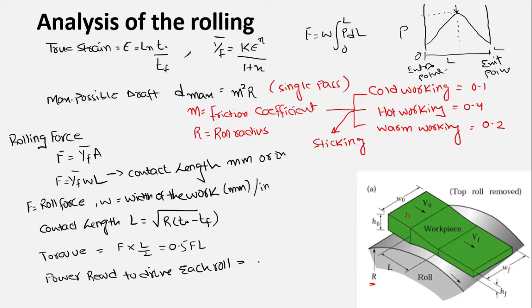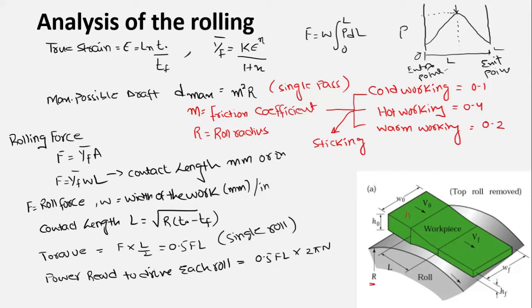So we have the torque, that is 0.5 FL into 2 pi n, right? And because we are assuming this is the torque for a single roll, this is the power required for each roll.